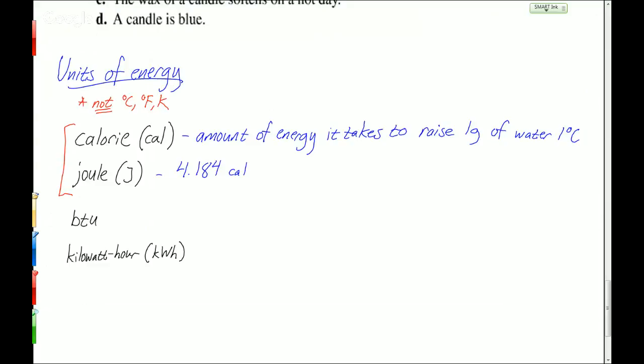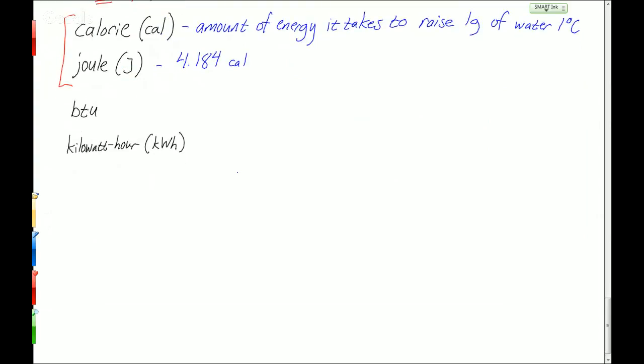Now let's talk about food. You probably recognize that term calories from food, right? Is that the same unit? 1 calorie for food is a kcal. Yeah, and this is a confusing thing.